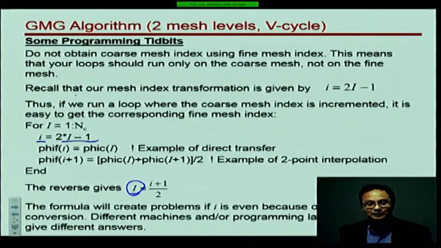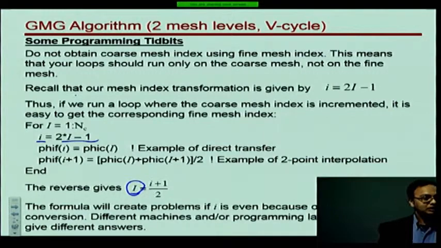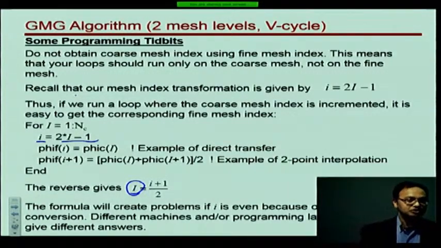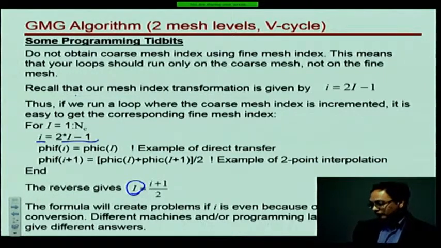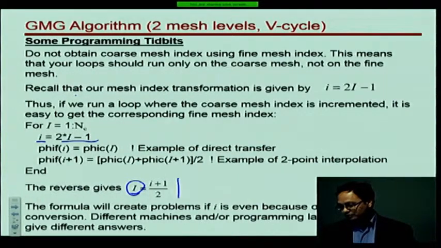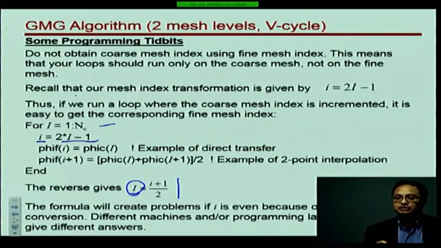It depends on what computer and what programming language you're using, because it's simply going to approximate a real number with an integer. So don't ever do this. Always do this: start with the coarse mesh, and get the fine mesh indices from that. Any questions?